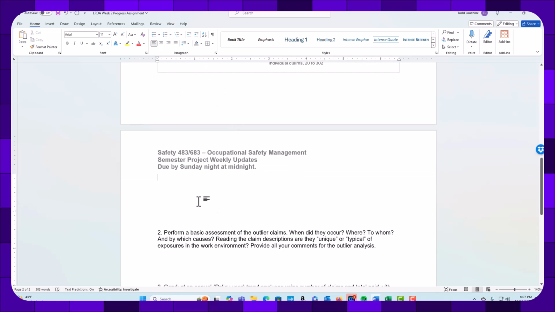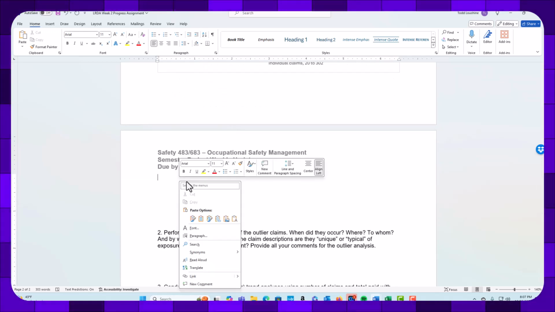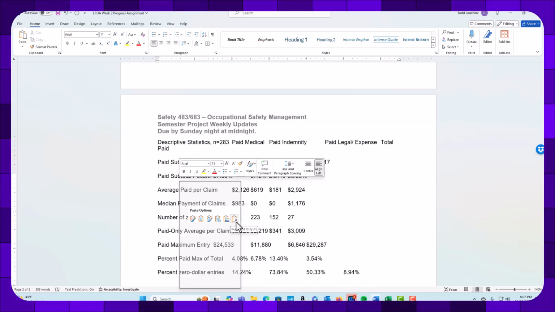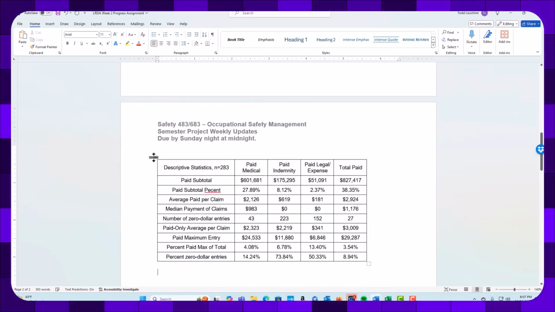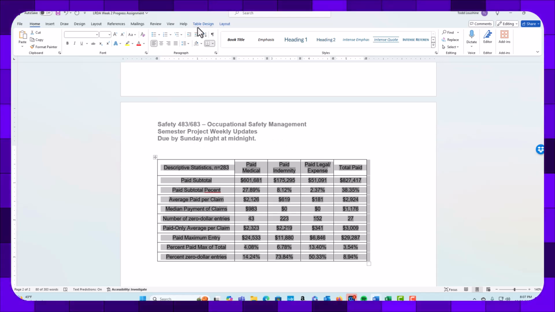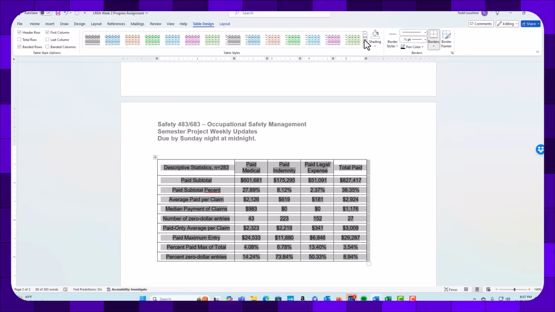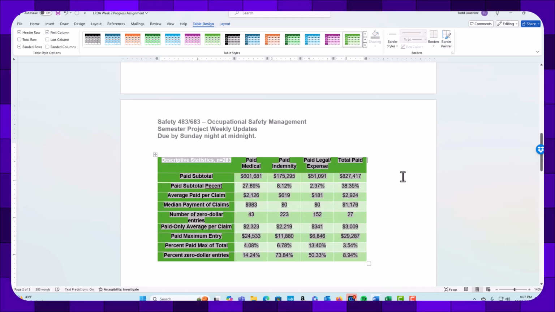Oh, man. I do not want to take up much more time. Let's see here. What did I do? That doesn't look too bad. Highlight it. Go to table design. What do I like? Why is everything highlighted?